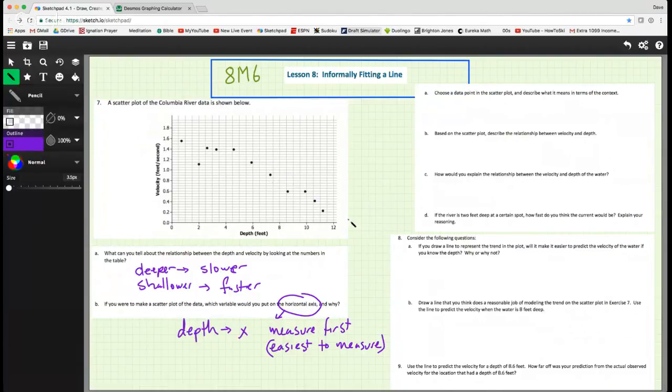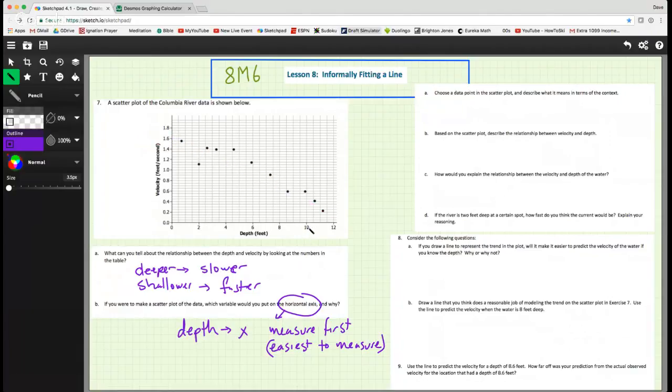Okay. So now we can see visually that as the depth increases, the water gets slower, right? Fast water for shallow water, and then slow velocity for deep water.